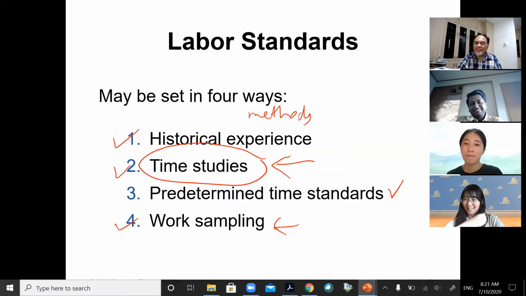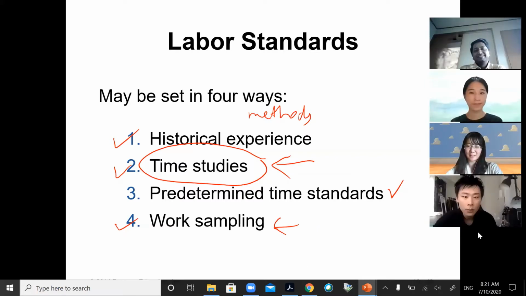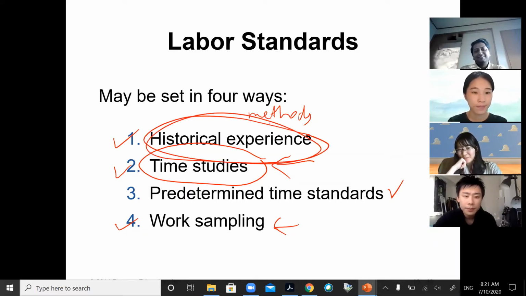Okay, Yaakob, how long does it take for you to prepare dinner? Dinner, 1.5 hours. Okay, Wenjia? Maybe 30 minutes. 30 minutes. Okay, and Rio, how long does it take for you to prepare your dinner? Historical experience. Also 30 minutes.